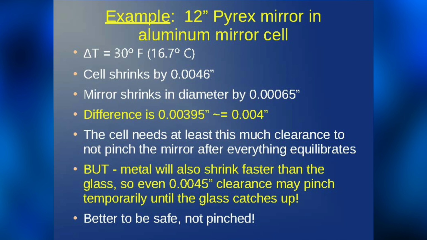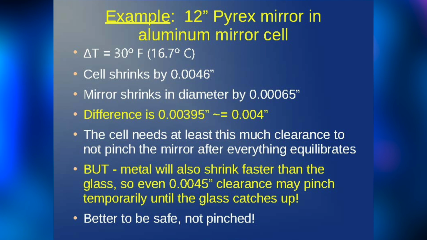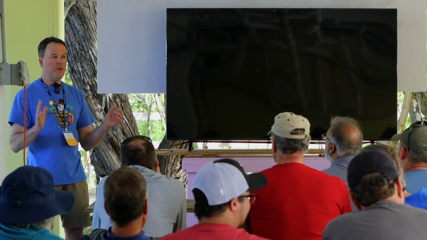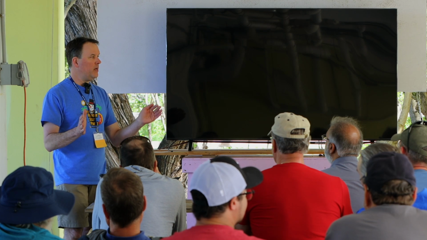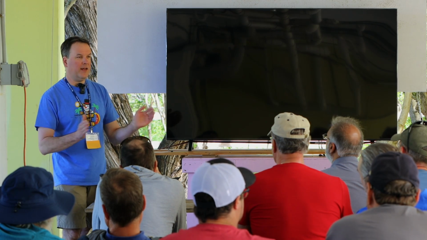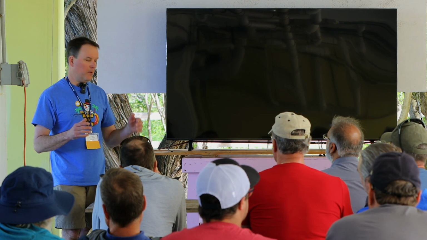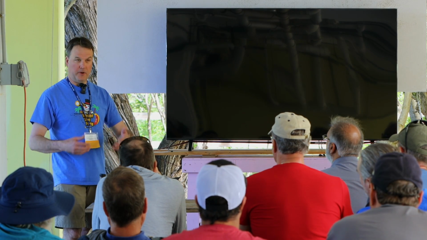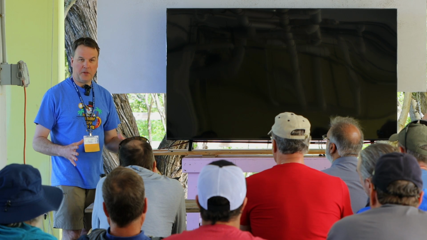So we've got about a 4 thousandths of an inch difference between the glass shrinking and the metal shrinking. So when you have a mirror in a cell that's very tightly constrained, there's not a whole lot of extra room around the mirror, you want to make sure that for that given temperature drop you have about 4 thousandths of an inch clearance, because the cell is going to shrink more than the glass.